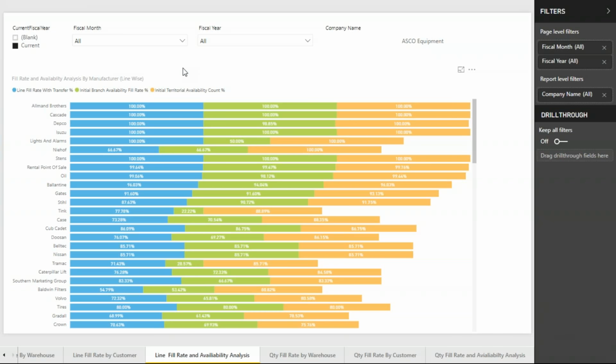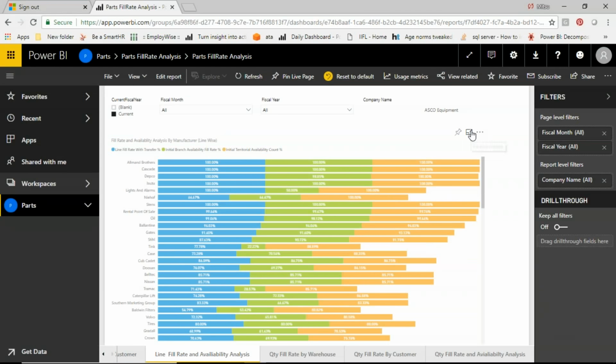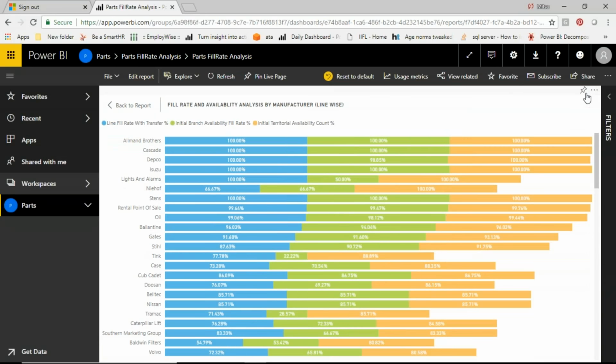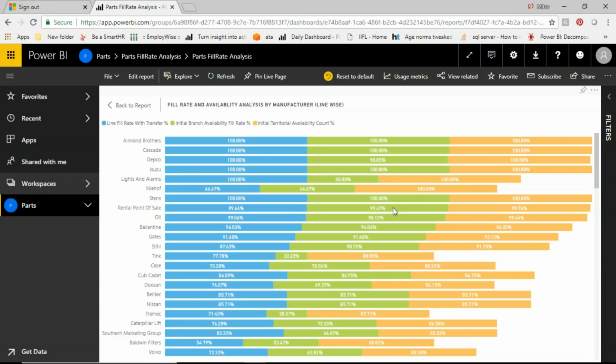Does that make sense? Any questions? Now, when this says initial branch, this is looking at the company as a whole, so we would have to drill into one branch, is that correct? Not really. What it's saying is, for whichever branch the order came in, let's take Case as an example, 70% of the time the order that came in was available with the branch where the order came.